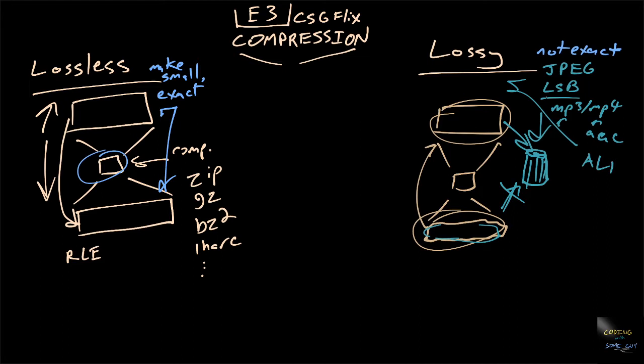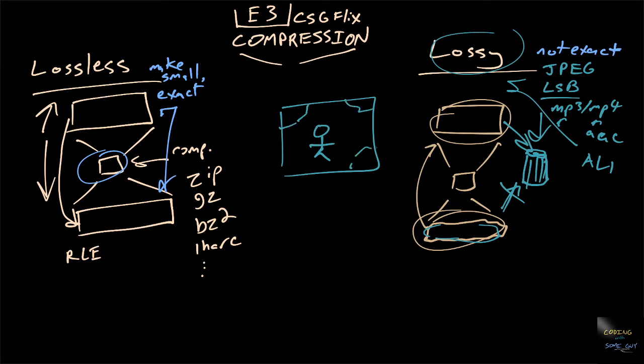Okay, so here we have to be really careful because we are losing quality. So this is really all about what quality can we lose that still maintains the same visual image. So if we see our dude and he's chilling out in a scene, then we want to say, okay, maybe we don't need as much detail over here because it's mostly black, as we do around the character, maybe the face.